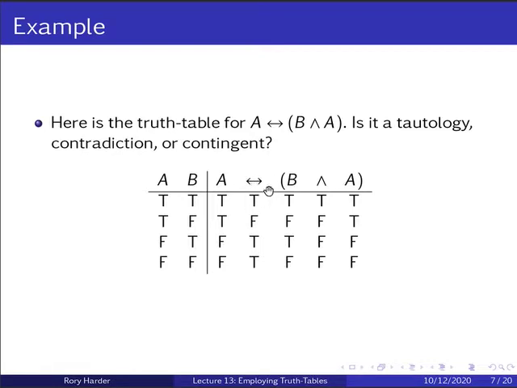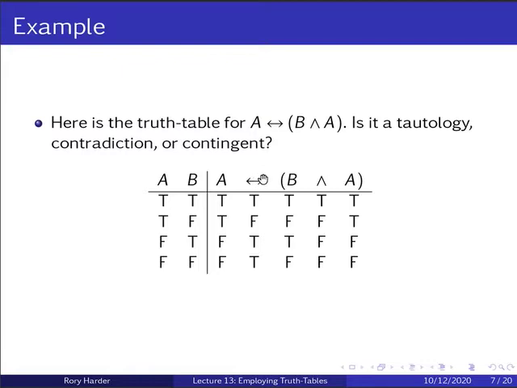Then once we've done that, we can look at the column underneath the main connective for the sentence, and we can look at the distribution of T's and F's. If there are only T's under the main connective, then it's a tautology. If there are only F's under the main connective, then it's a contradiction.